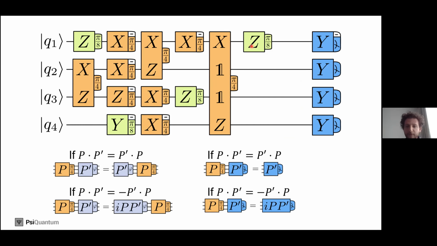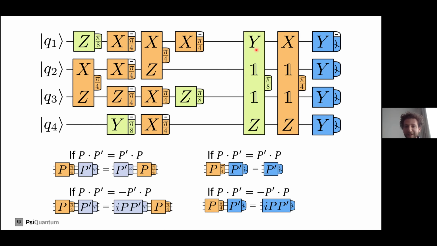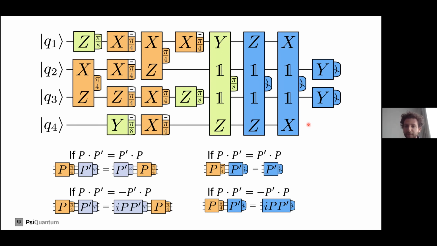And when you do this sort of thing, you can also turn single qubit operations into multi-qubit operations, like this X 1 1 Z pi over 4 rotation doesn't commute with this Z operation here, and it turns it into a 2-qubit rotation when you commute it past the gate. So now it's a 2-qubit rotation, and the same can happen to these measurements. Single qubit measurements can turn into 2-qubit measurements. For instance, here we have generated a ZZ measurement and an XX measurement, so a Bell basis measurement in some sense.